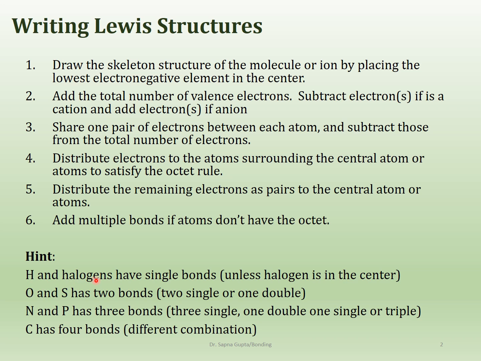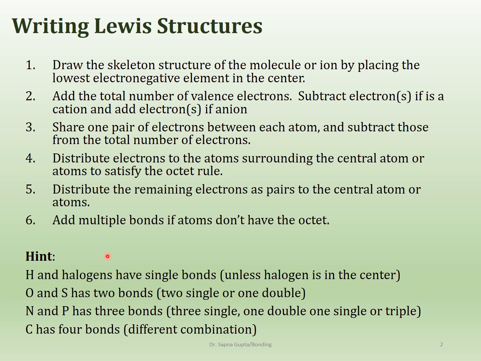The only time a halogen will not have a single bond is when the halogen is in the middle. And when is a halogen in the middle? It is when it is a polyatomic ion, the chlorates and the hypochlorates and all that. Other than that, if there is a halogen in there, then it will be a terminal atom, which means a single bond. Oxygen and sulfur will always have two bonds.